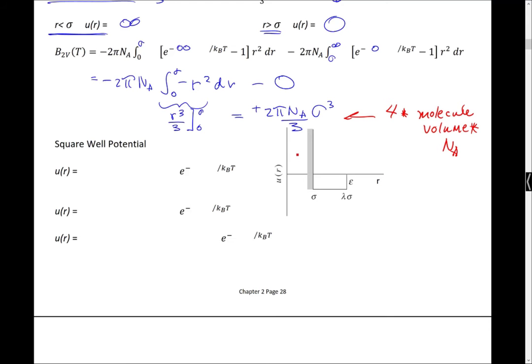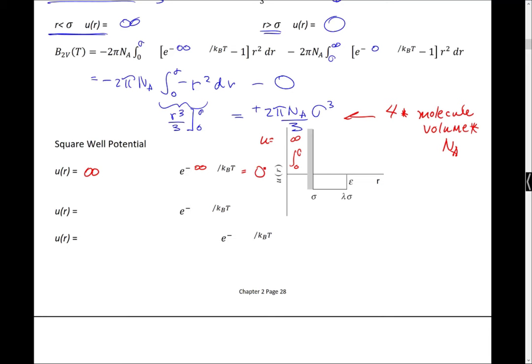Let me just write a few things here. From 0 to sigma, the potential will be given by infinity. We'll write that in there, and we know that the exponential term for the second virial coefficient will then be e to the minus infinity over k_B T, which is equal to 0. Right?